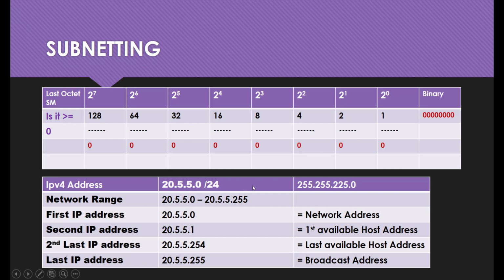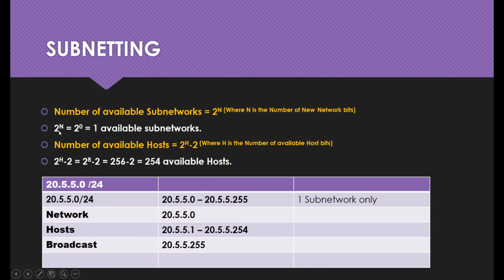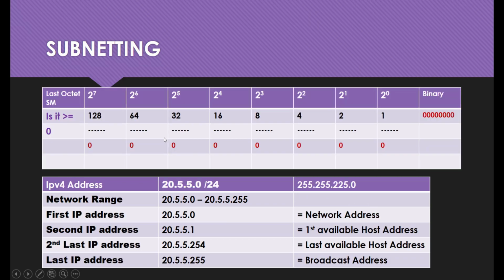We can also see here the formula for finding out how many networks and hosts we have available. The number of available subnetworks is 2 to the power of n, where n is the number of new network bits. In this case, this is the last octet of the subnet mask, and all these were the host portions.